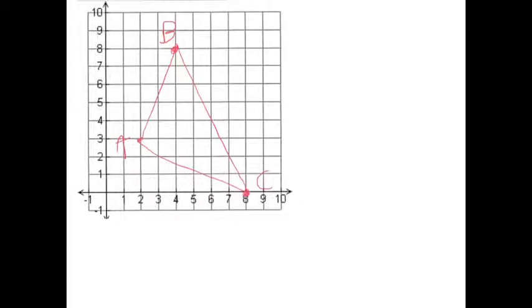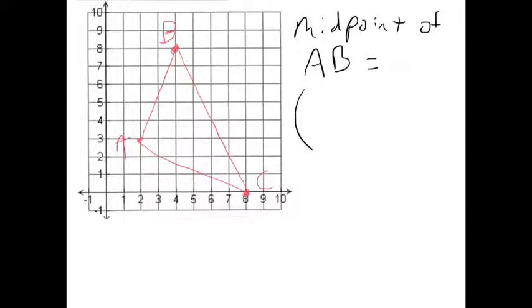Now that we have that established, we're going to find the midpoint of the line segment AB. The midpoint formula is that we're going to basically average the x and the y coordinates.